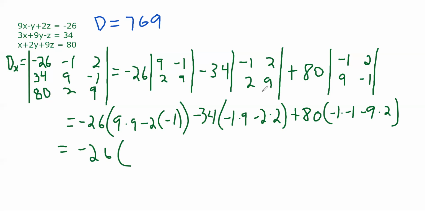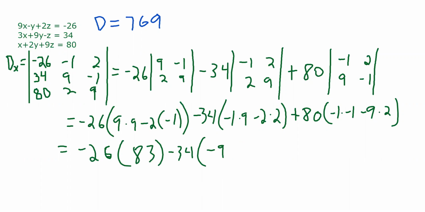And you may remember that ended up being 81 plus 2, which was 83. And yeah, I need a calculator. The numbers are just going to get too large, which again will not be a problem on the final exam. But this is still an interesting one to work. Minus 34 times, this ended up being -9 minus 4, which was -13.